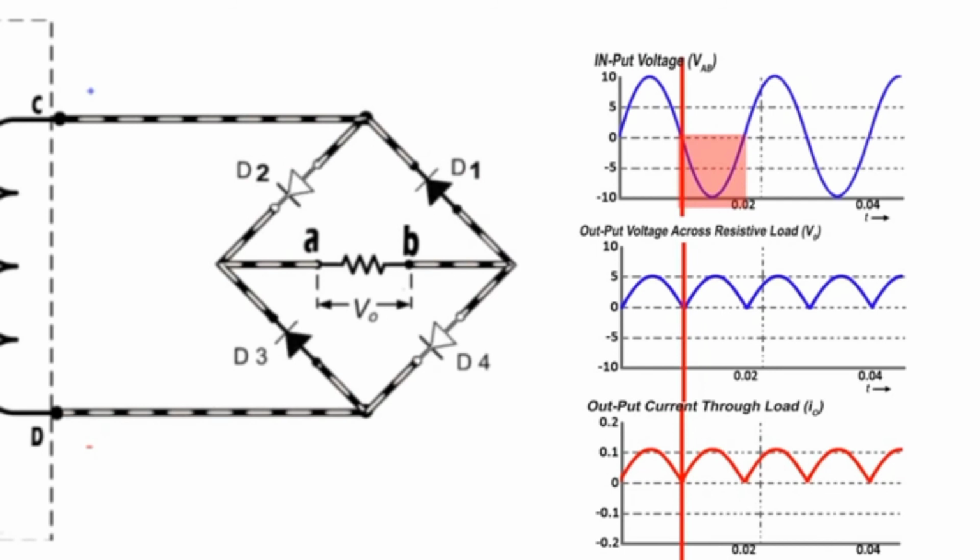During the negative half cycle, the terminal C is negative and D becomes positive, thus D1 and D3 are forward biased and D2 and D4 are reverse biased.